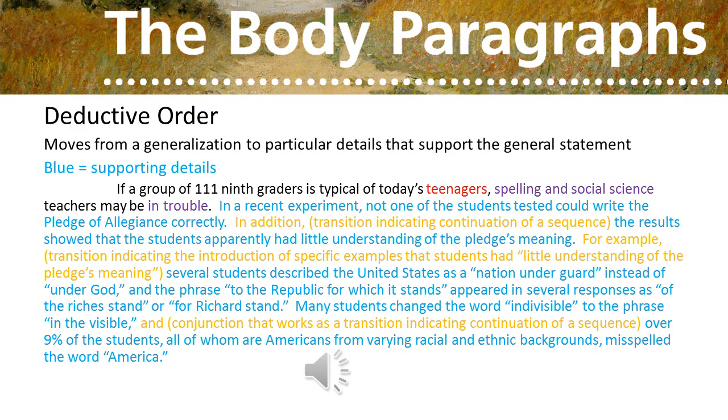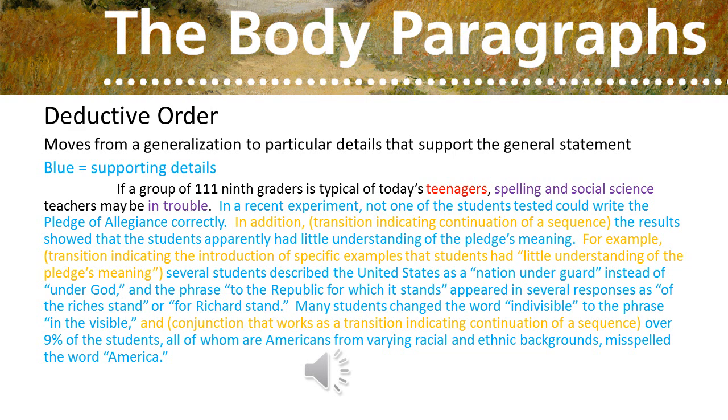That's a problem with social science and maybe with spelling as well. Many students changed the word indivisible to the phrase in the visible. And this conjunction here works as a transition indicating the continuation of a sequence.